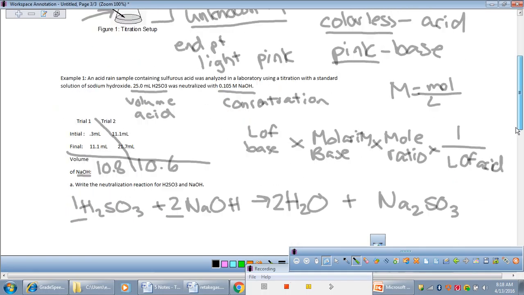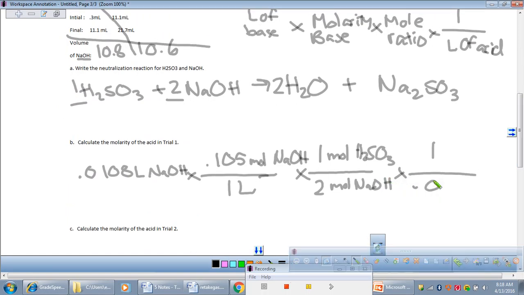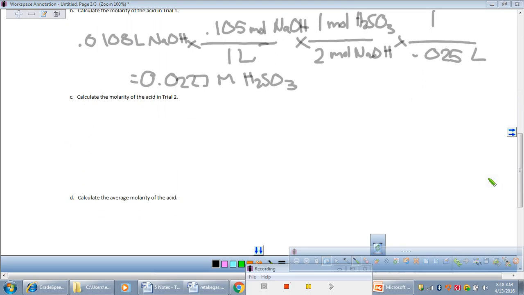Again, this is milliliters, so we changed our milliliters to liters. So when you plug in and do the dimensional analysis, you get 0.0227 molar H2SO3.